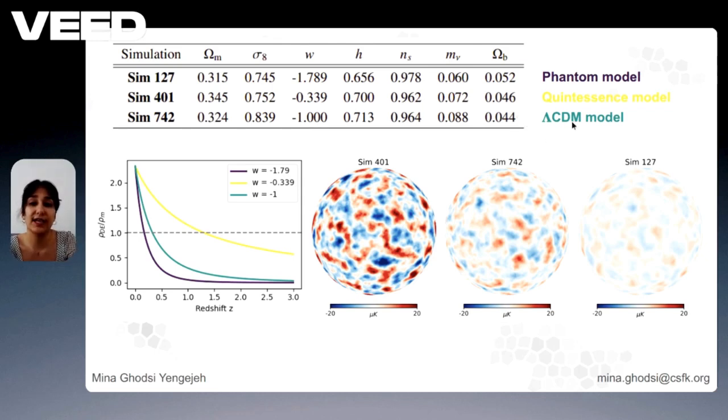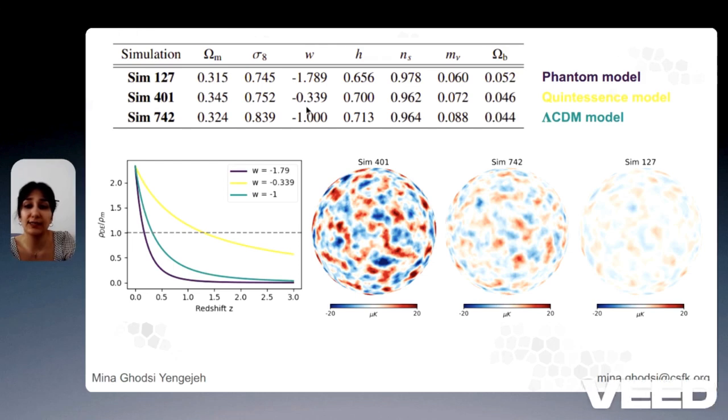We consider this as our ΛCDM model. Simulation 127 has the smallest value for w, which is the most extreme phantom model. And simulation 401 has the largest value for w, which we consider as a representative of the most extreme quintessence model. And you can see the output ISW maps.